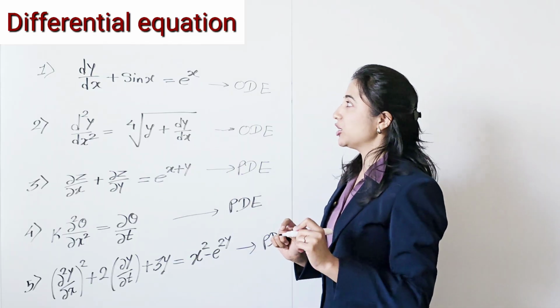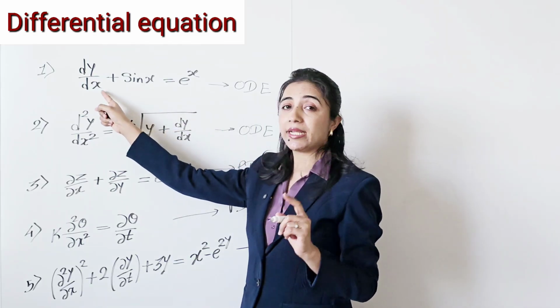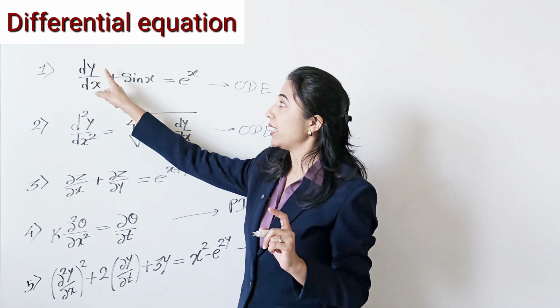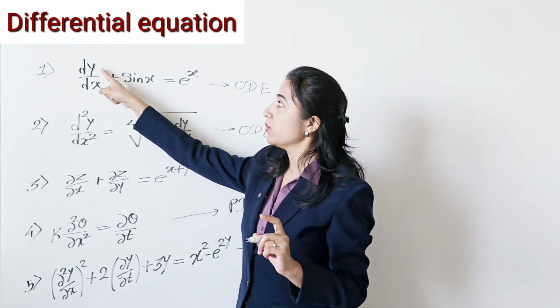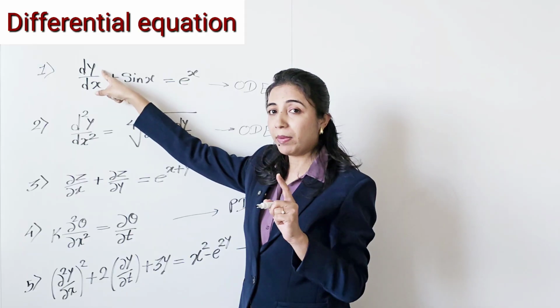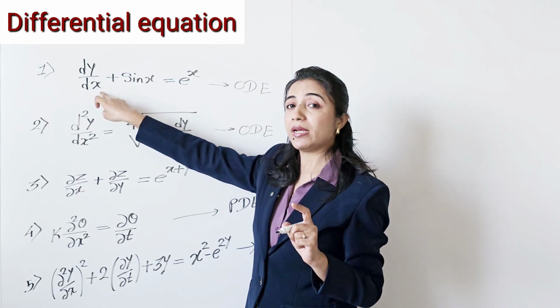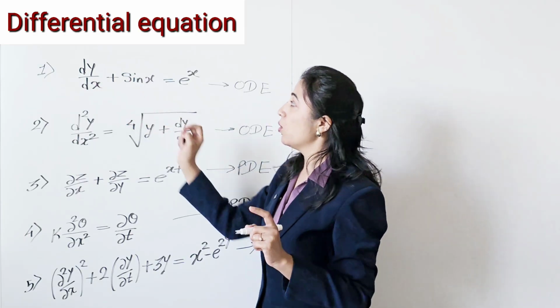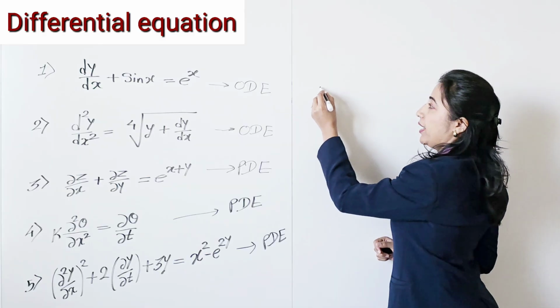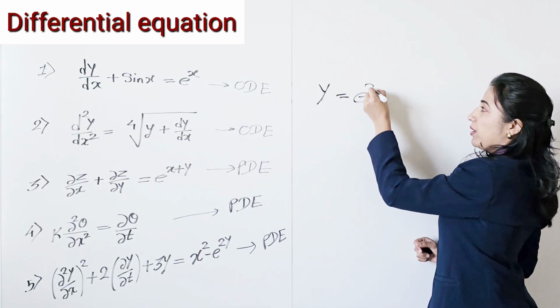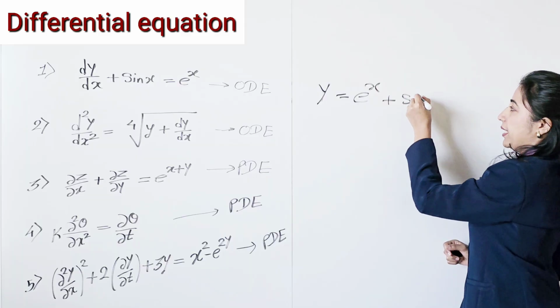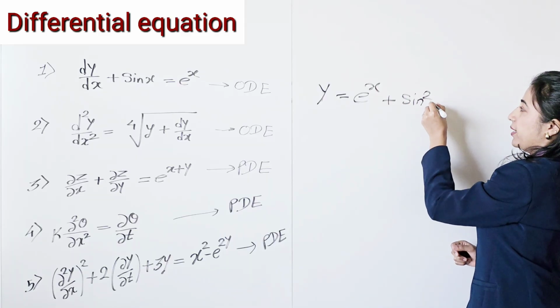The proper definition is, here we are taking the derivative with respect to x. That means this y, the dependent quantity, we are taking the derivative of that dependent quantity with respect to its independent quantity. Means here y, for example, if I write y equals e raised to power x plus sine square x.